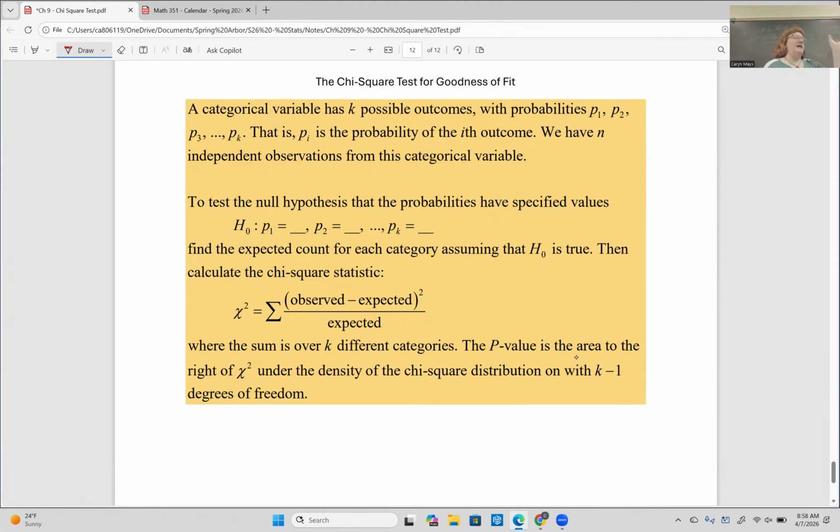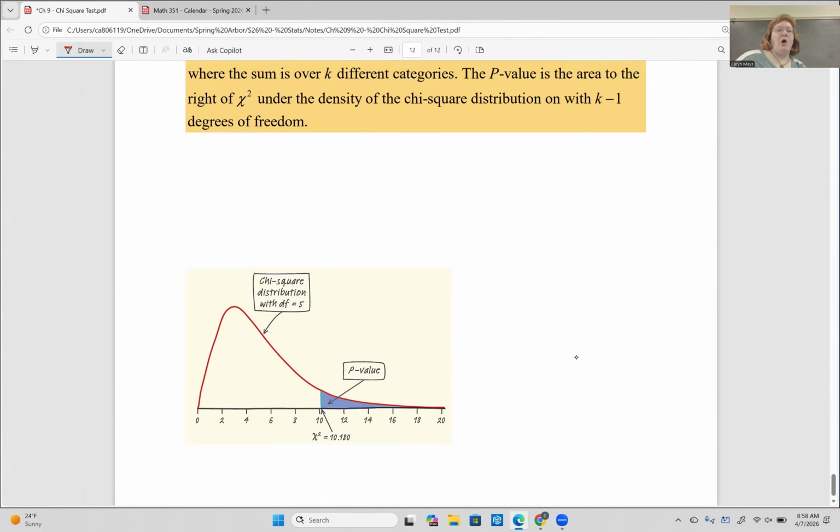And then we can find that expected count based on whatever the claim is. And then calculate the chi-square statistic, observed minus expected squared over expected, and sum that over all k items. And then the p-value is the area to the right on the chi-square distribution curve.